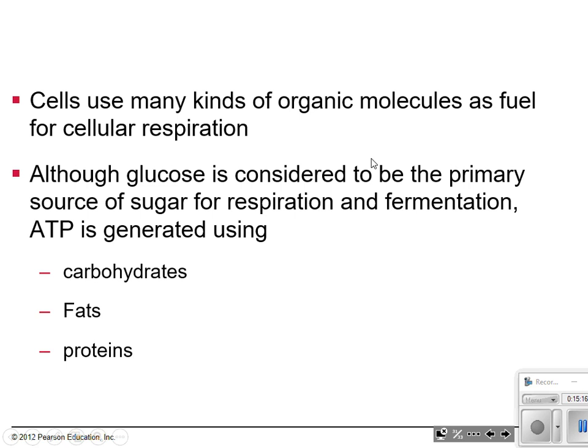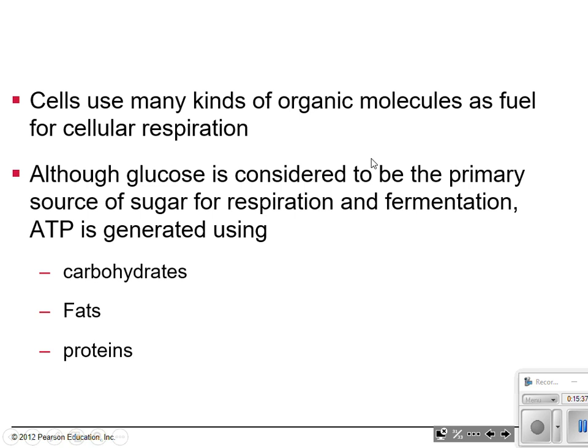Have you ever heard of those things? Carbohydrates. Well, glucose is a carbohydrate, isn't it? Glucose is sugar, so it's a carbohydrate, so we're meaning other types of carbohydrates. Fats, proteins.